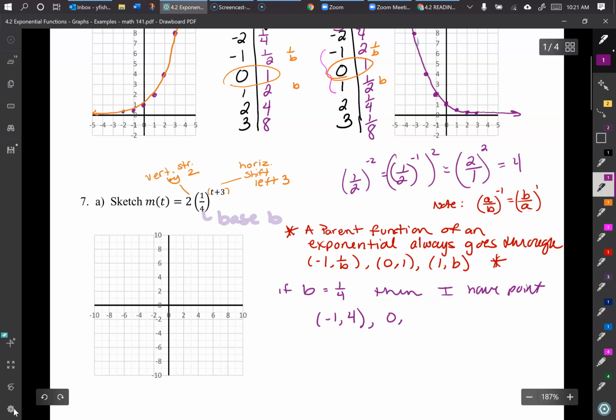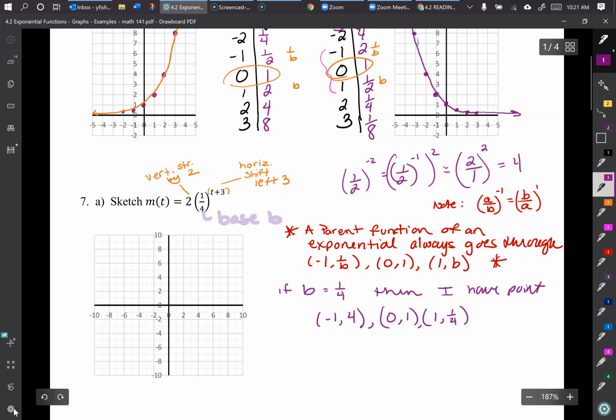I have 0, 1, and then I have just 1 and b. So these two are pretty easy to remember, and then this -1 just flips it around, right? So that's really helpful information.